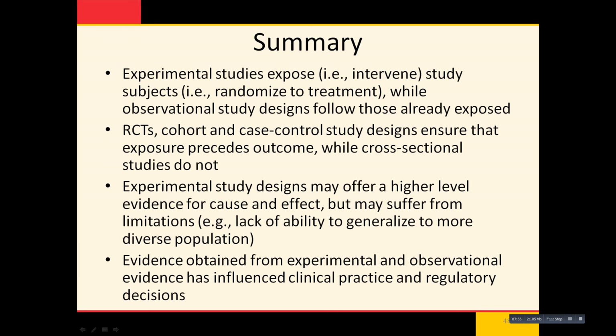They ensure that the exposure precedes the outcome, whereas cross-sectional studies do not. The experimental study designs may offer a higher level of evidence for cause and effect, but they also may suffer from limitations about the lack of ability to generalize to a more diverse population. And then lastly, the evidence obtained from both experimental and observational studies has influenced clinical practice and regulatory decisions.